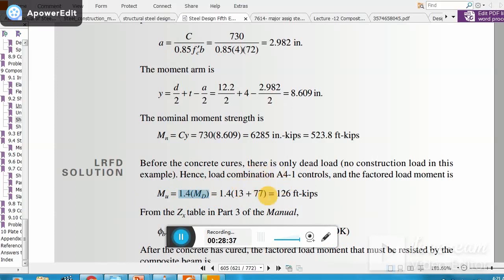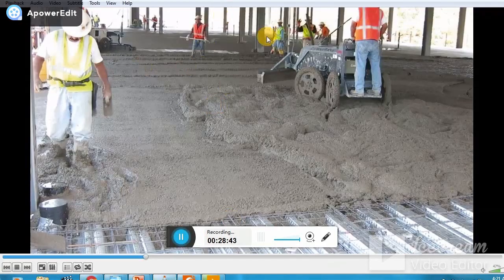Why? Because it is the initial stage, and before 28 days there will be no live load, because as you see in this video, construction has started and no one will be allowed. You don't do any kind of work up to 28 days.